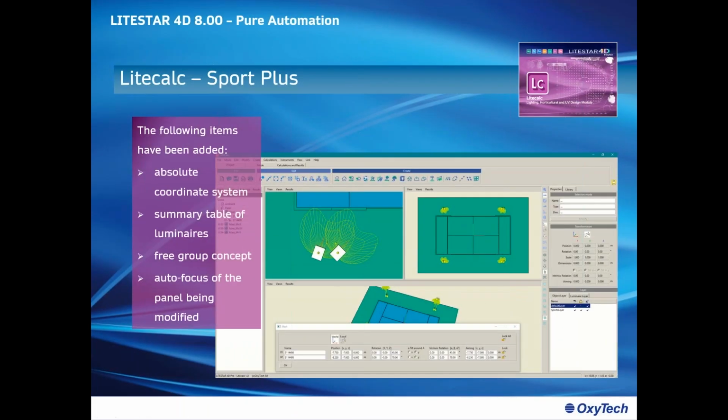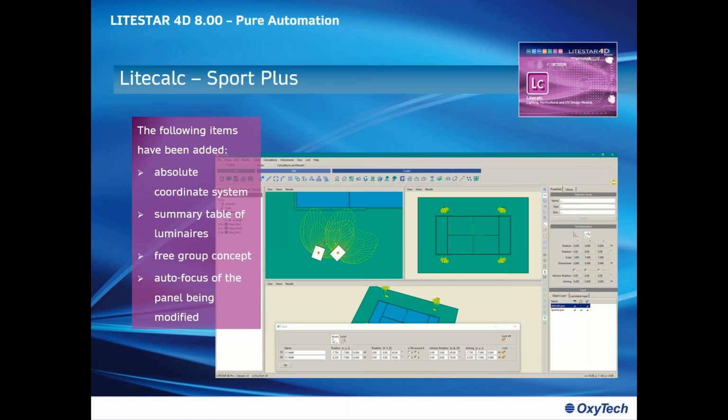So in order to manage properly the project, some other features had to be introduced. So for example, the absolute coordinate system and the local coordinate system. It means that it was necessary to introduce such a change, such a new feature, because whenever you manage the panel of a high mast where you placed all the different floodlights, you may want to turn and visualize the panel from different points of view.